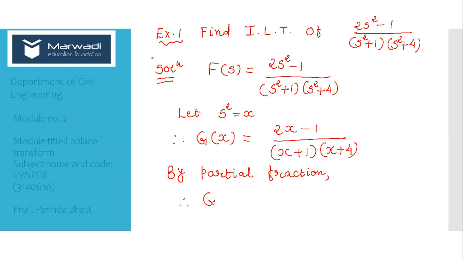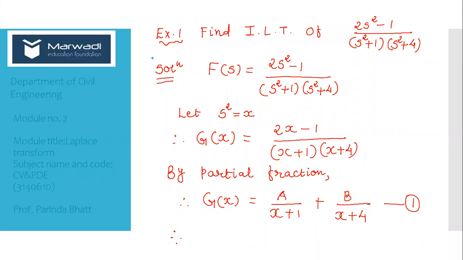Therefore, g of x equal to a upon x plus 1 plus b upon x plus 4, because that is same like the type 1, right? This is equation number 1, right?